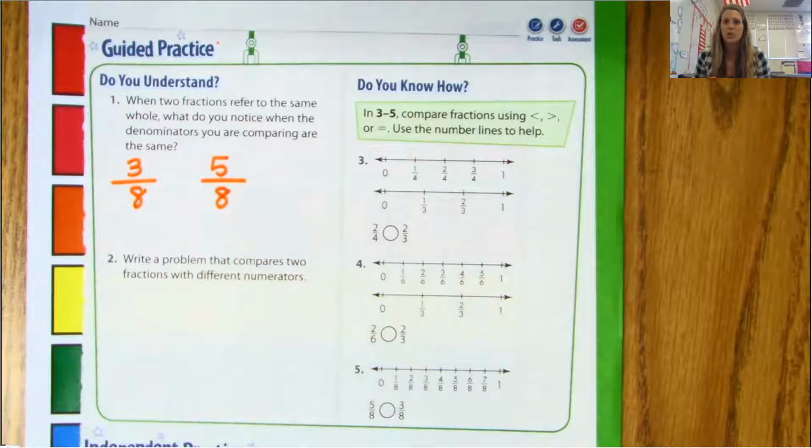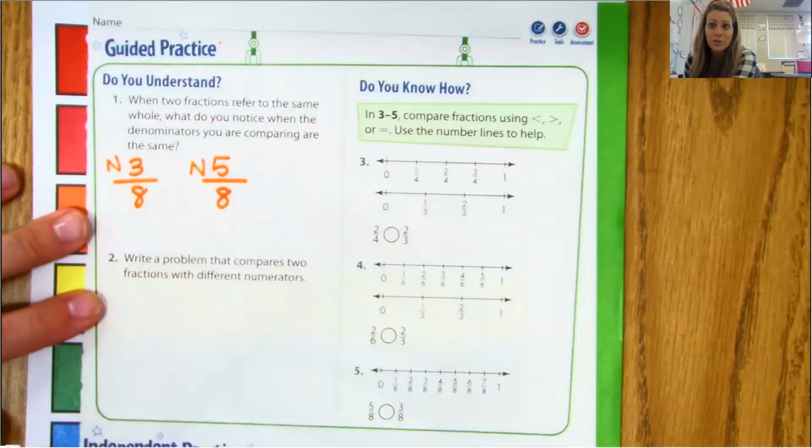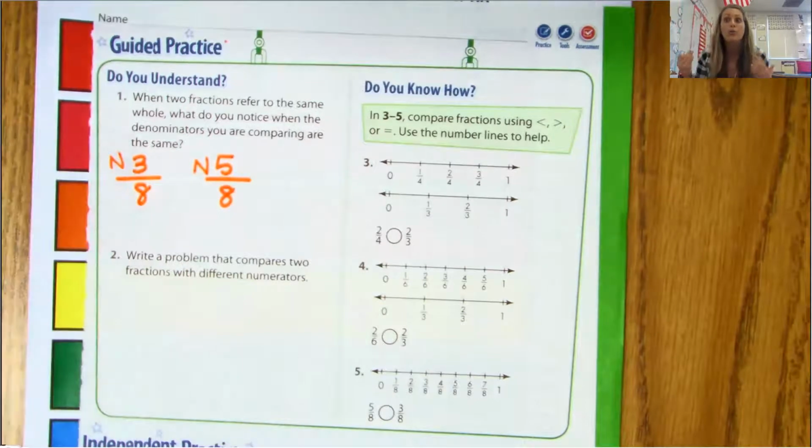So it says, what do you notice when the denominators you are comparing are the same? Well, what do you notice? What do you have to do? You have to look at the numerators, right? And the greater numerator is the greater fraction, right?